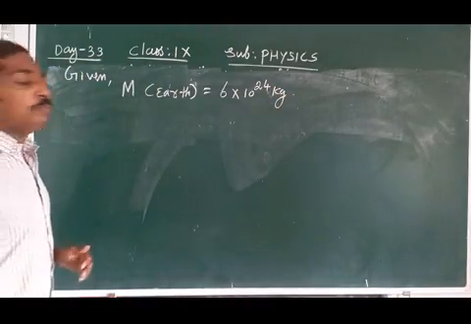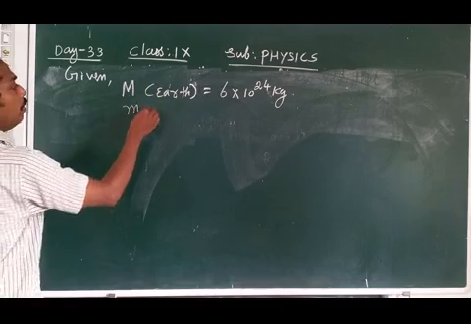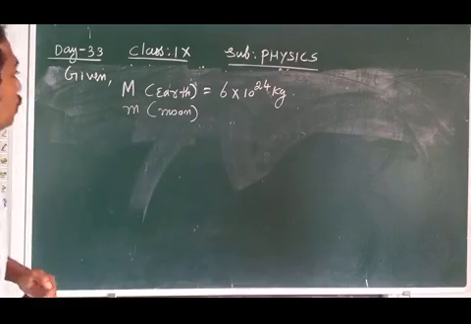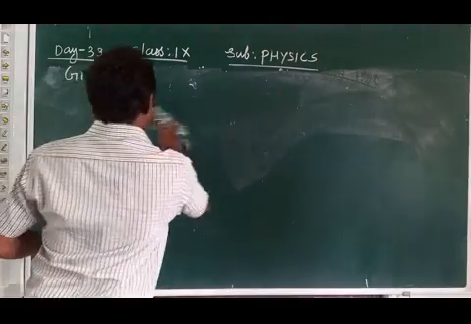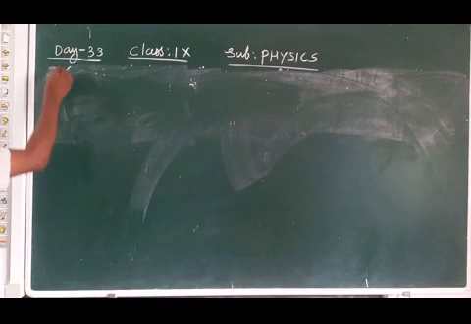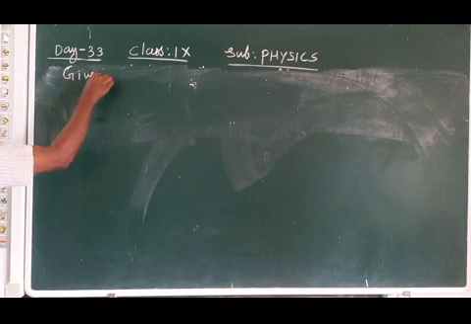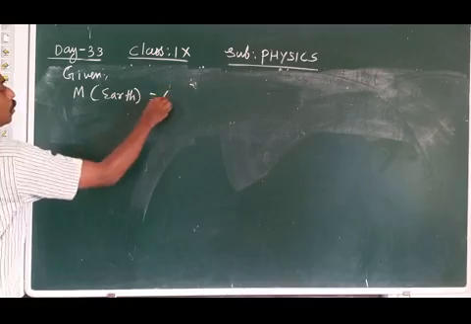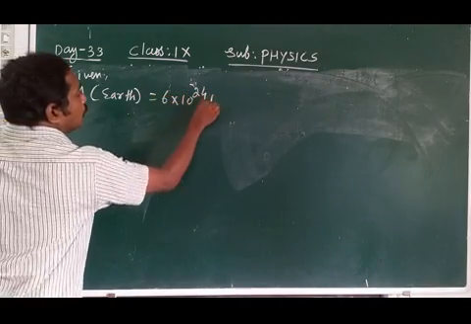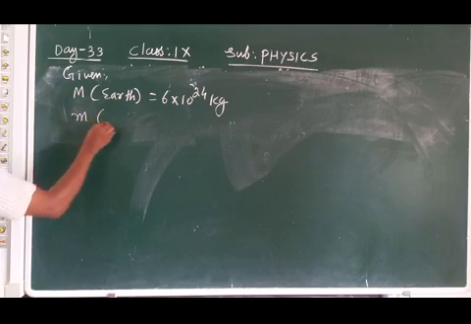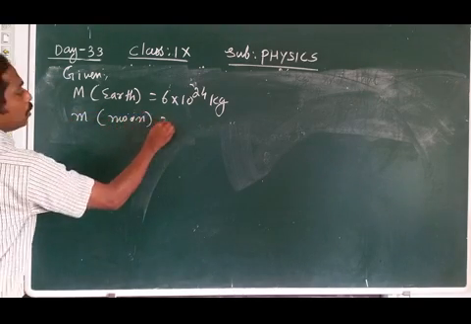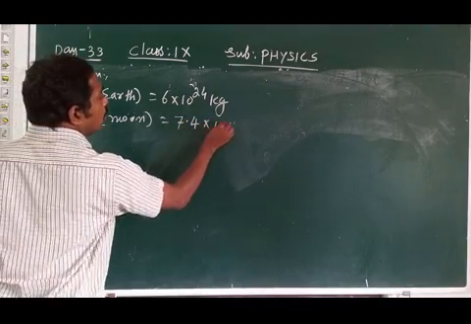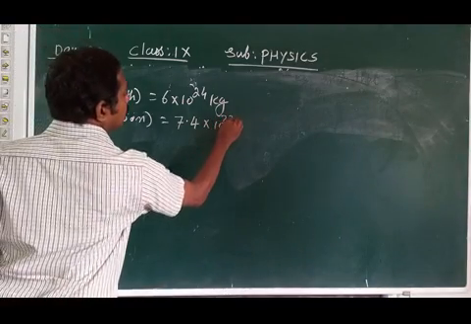Then mass of moon, small m, equals 7.4 into 10 raised to 22 kg.